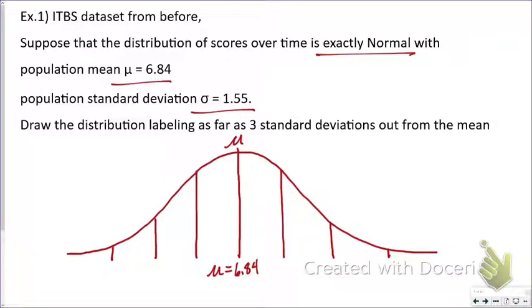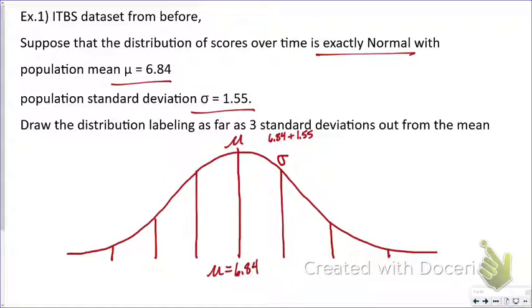You could argue that there's 4, but it gets pretty insignificant out there when you go that far on the normal curve. So I'm going to use a calculator, and for this spot right here, 1 standard deviation above, I'm going to type in my calculator 6.84 plus 1.55.